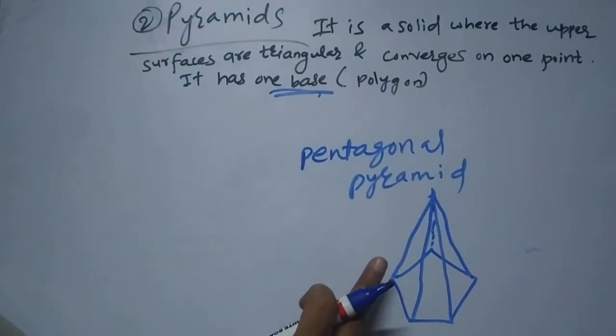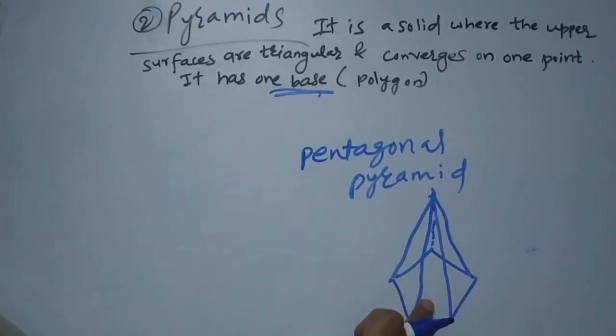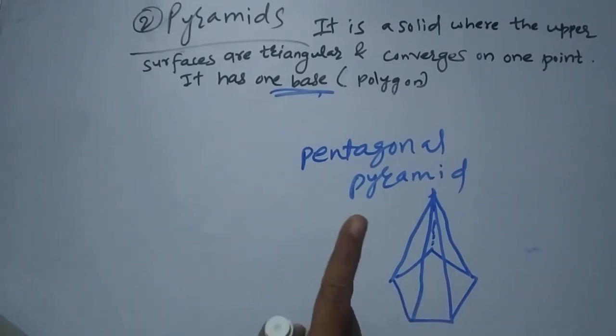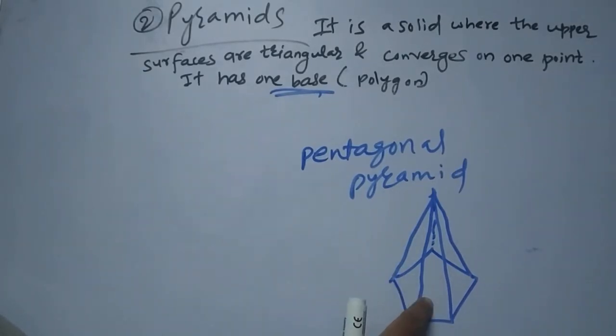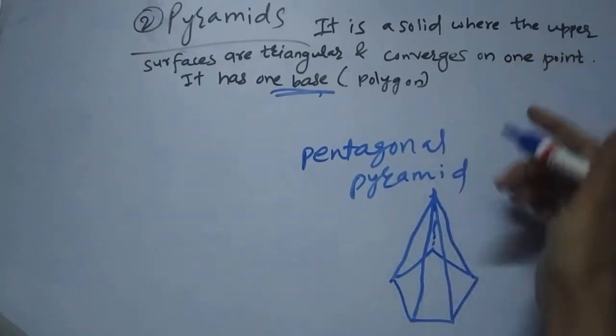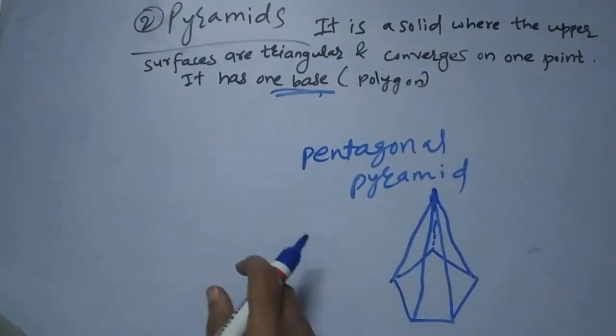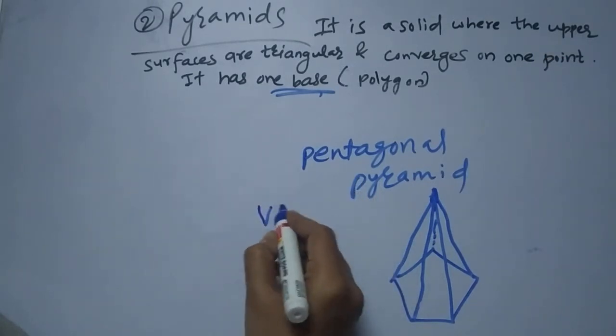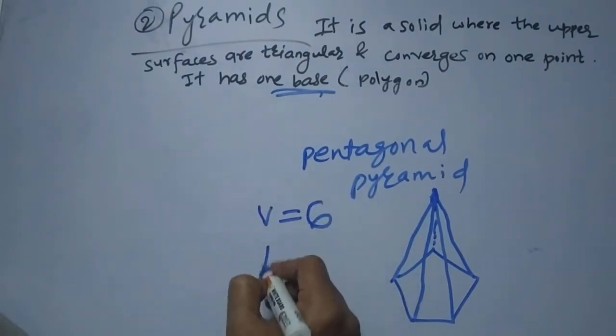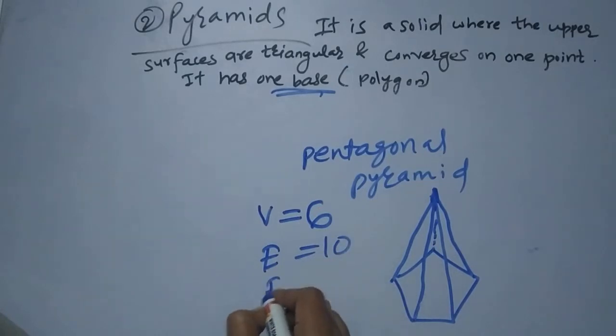There are 5 triangles and one pentagon base. There is only one single base, and the 5 lateral triangles all meet at one common vertex. So the vertices are 6, edges are 10, and the faces are 6.